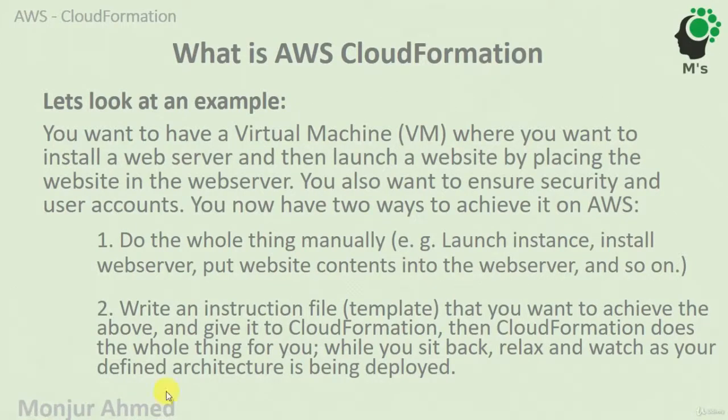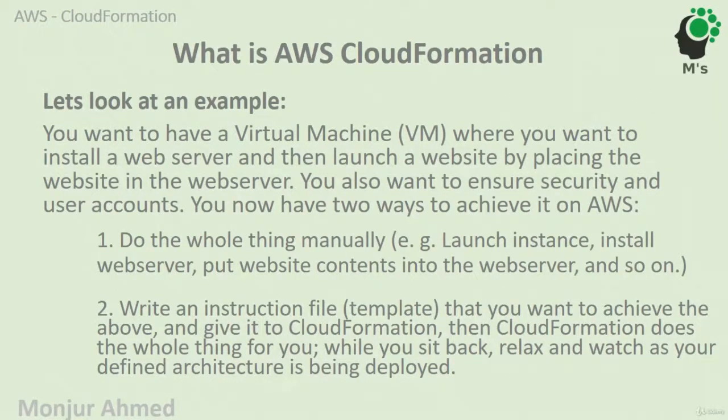Because when you do all these things manually, as we see in number 1, due to human limitations, human factors, we might make some errors, probably a configuration error or some parameter we might enter by mistake. We might enter a wrong parameter, and eventually we might find that things are not working the way they should. But if we write the template and give it to CloudFormation, CloudFormation will not make any mistakes. So in a nutshell, that is CloudFormation.